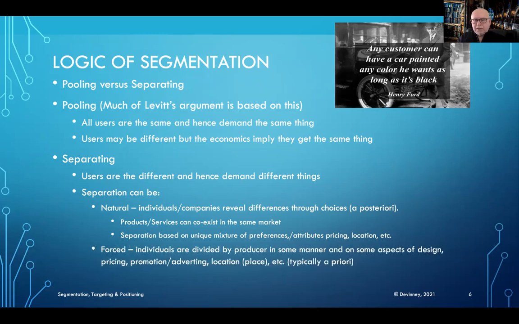And then you have forced separation. Forced separation is that if you put several products out into the market, everybody would choose one. So effectively, in the separating case, you put out two different products. Some people choose A, some people choose B. In the forced case, if you put two products out, call them C and D, everybody would take C and D wouldn't operate.